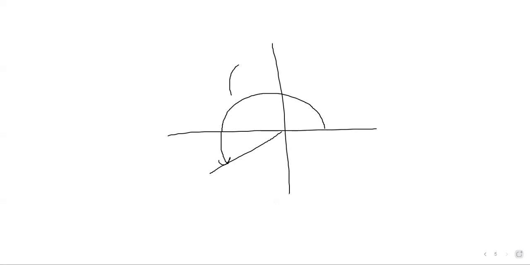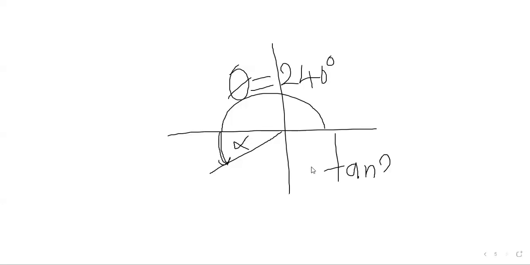This entire part here is theta and it's 240 degrees. So the acute angle is simply this angle from the x-axis up to this line. If you can know this acute angle, it's as good as replacing it where there is 240 degrees.